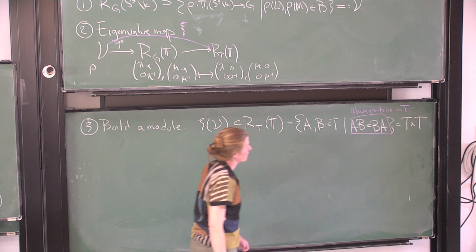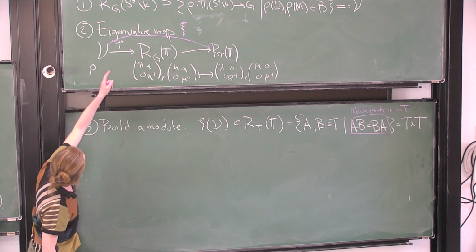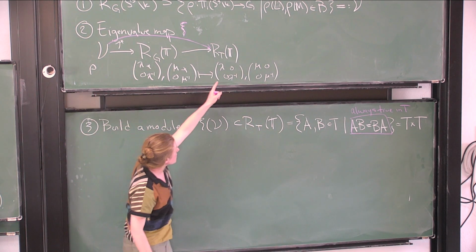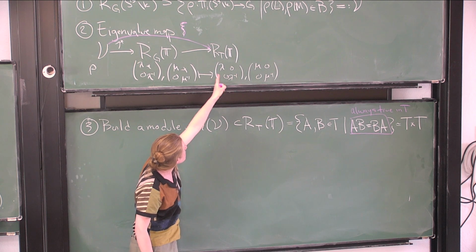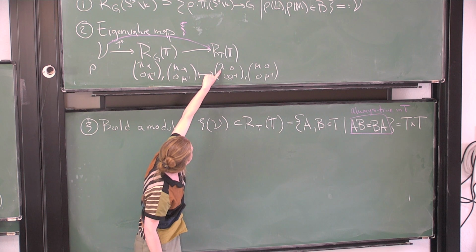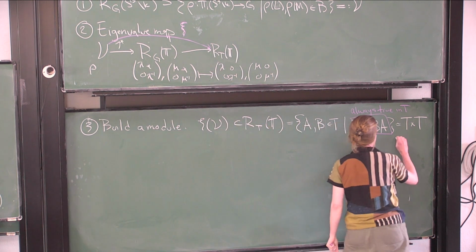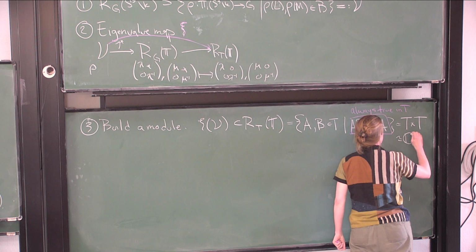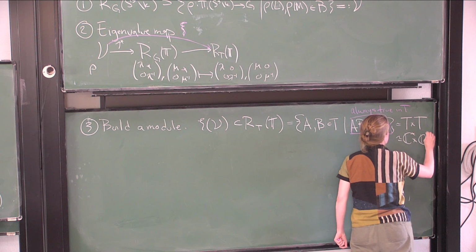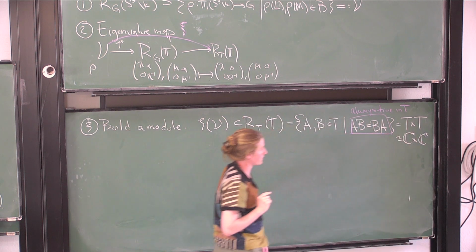And because I'm working with SL2, my maximal torus T is just diagonal matrices. I know it has to be some invertible element and its inverse. So this is just going to look like C star cross C star, all the complex numbers except for 0.